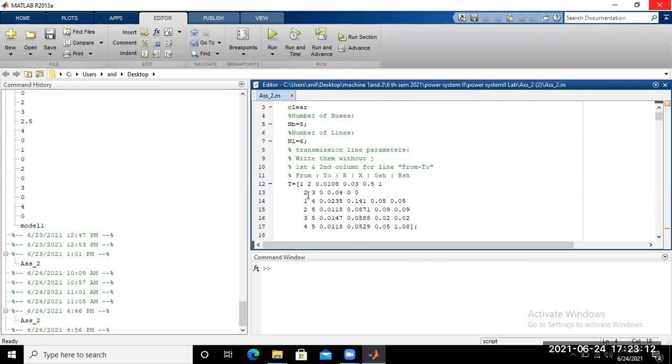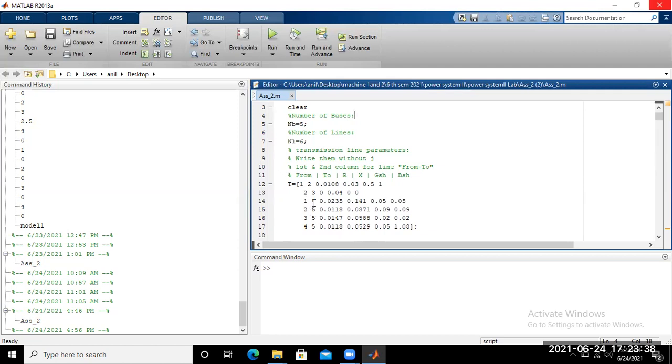Similarly, bus number 2 is connected to bus number 1, 3 and 5. Okay. Similarly, bus number 3 is connected to bus number 2 and bus number 5. Okay.